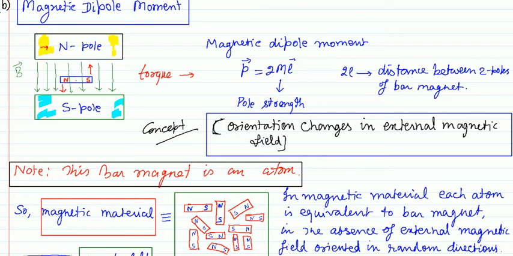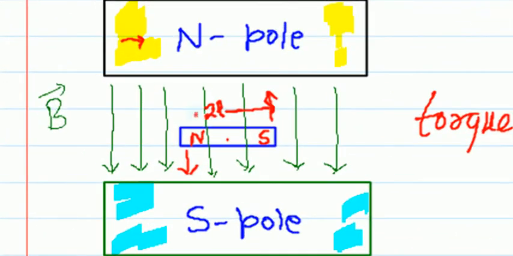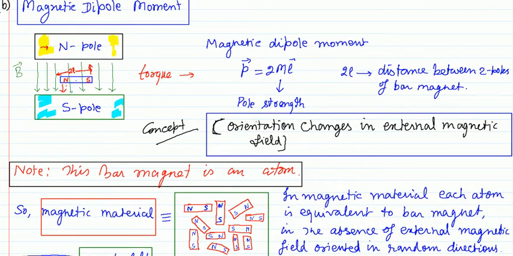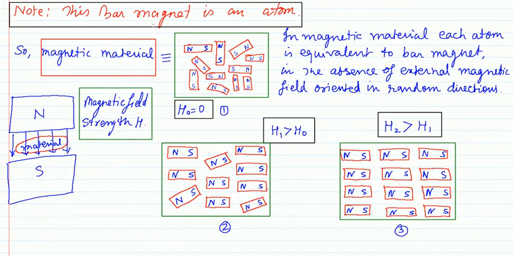We considered 2L for this one, and the pole strength of this bar magnet. So the concept here is the orientation change of a bar magnet in an external magnetic field. So here we have seen the orientation change of a bar magnet in the presence of an external magnetic field.